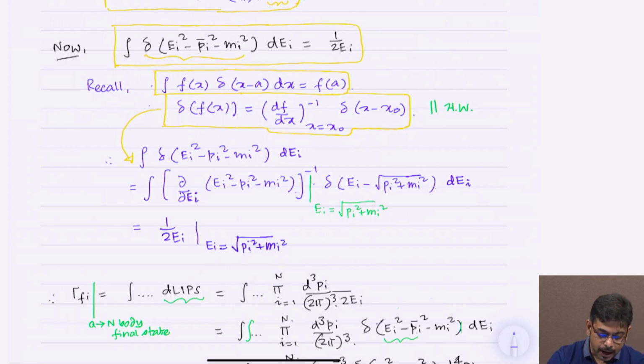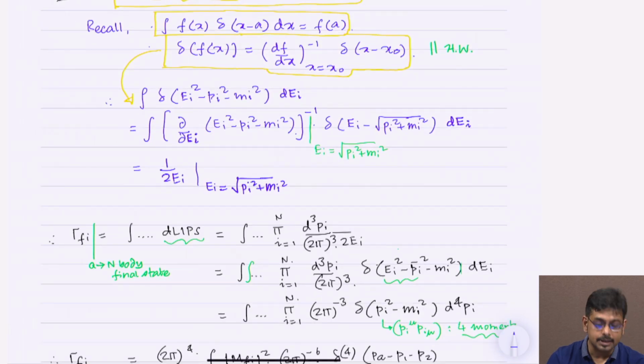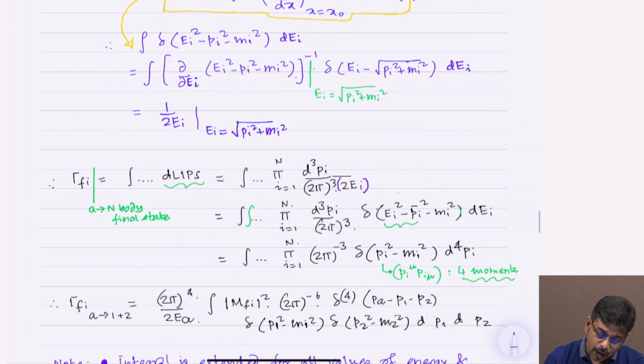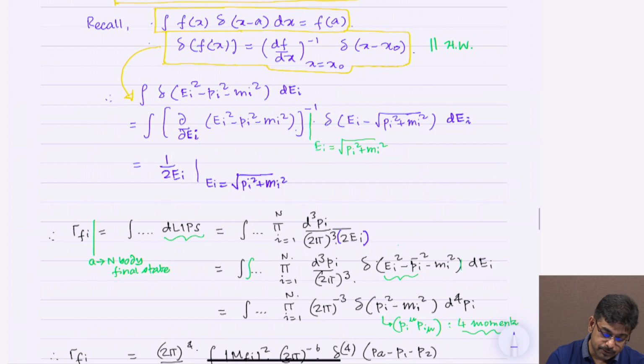Now, what does it mean? Once again, get back to the expression of the decay width that we calculated, gamma Fi for an n-body final state, say for example. So, we have the relativistic expression, that will be product over i equal to 1 to n of d cube Pi by 2 pi whole cube into 2 Ei, and now we are writing that 1 by 2 Ei factor using this previous expression.